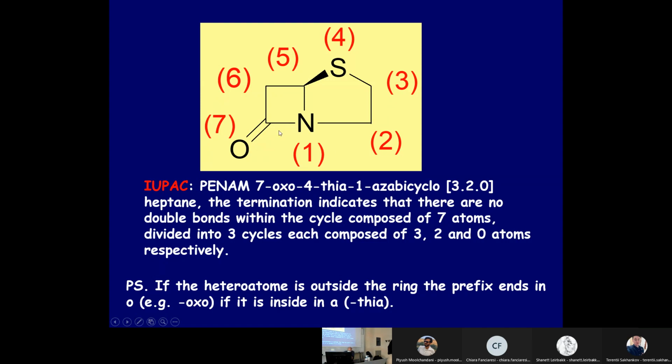So we have explained the chemical name of this system.